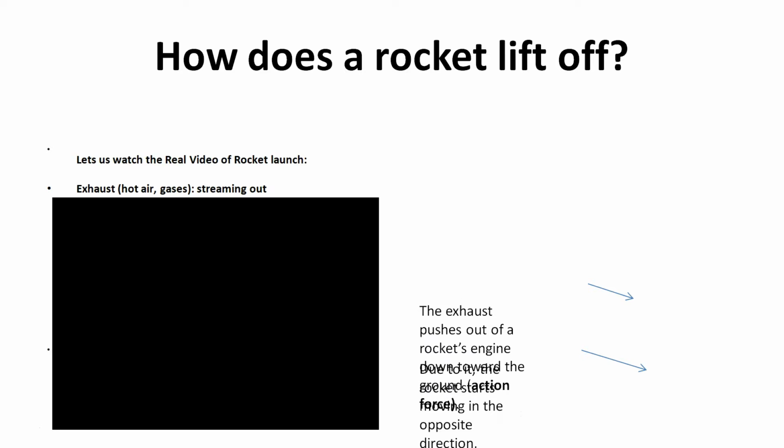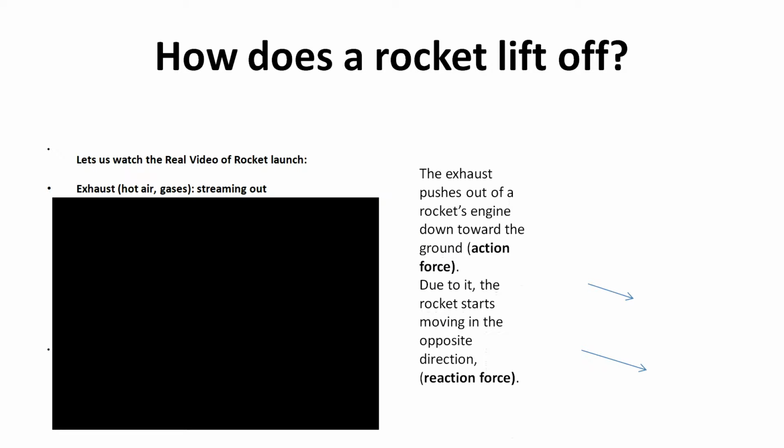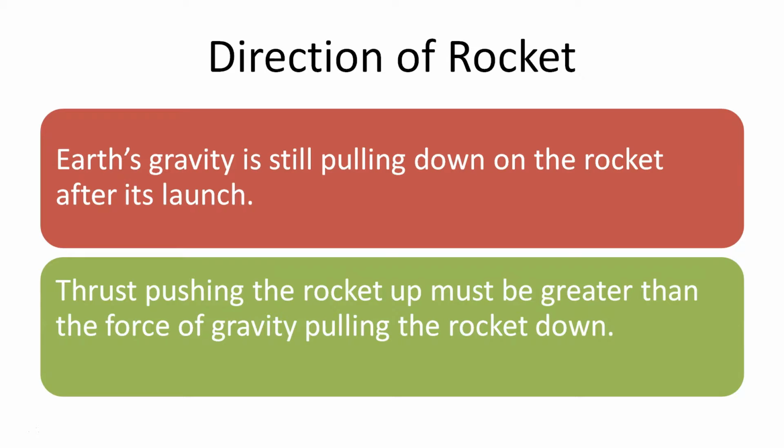Now the exhaust pushes out of the rocket's engine down towards the ground. This is the action force. Due to it, the rocket starts moving in the opposite direction. This is the reaction force, that is the thrust. Earth's gravity is still pulling down on the rocket after its launch.